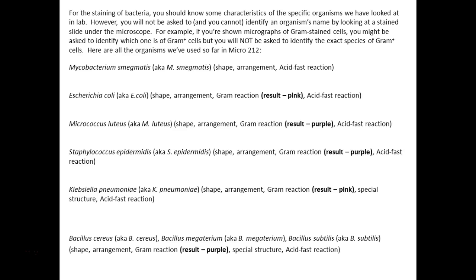And that structure for today is what? Endospores, right? We're using all these bacilli because they're all endospore formers. That's their special structure. If we were to stain them with the acid-fast stain, they would be negative. Everybody's going to be negative except who? The Mycobacterium.